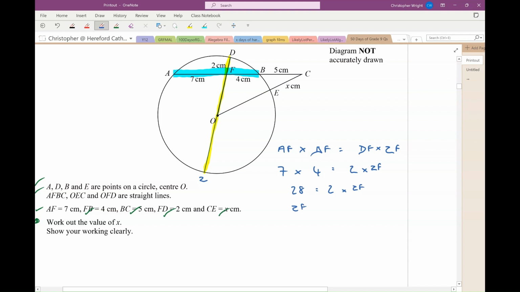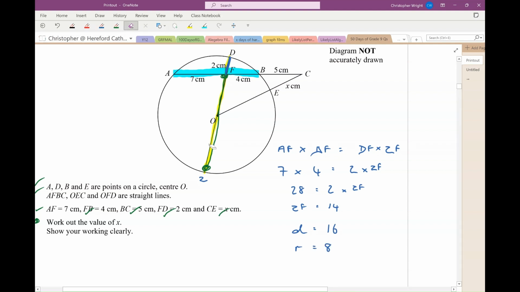So ZF is 14. So all the way from here to here is 14, which means that the whole of the diameter is 16. So I know the diameter of the circle is 16, the 14 plus this 2 here. So that means I now know the radius is 8.